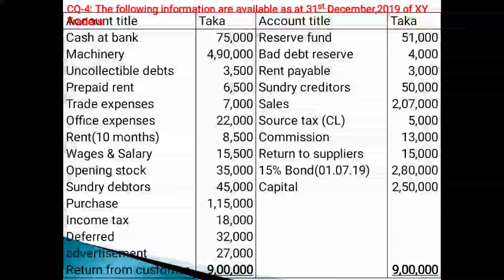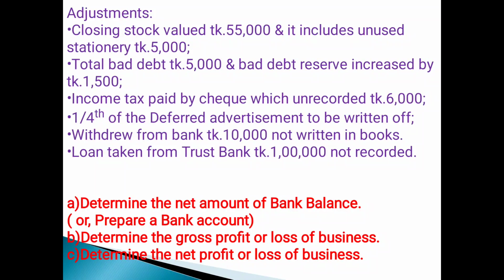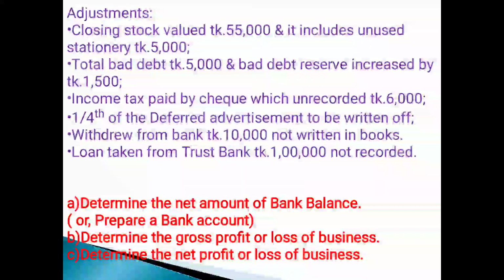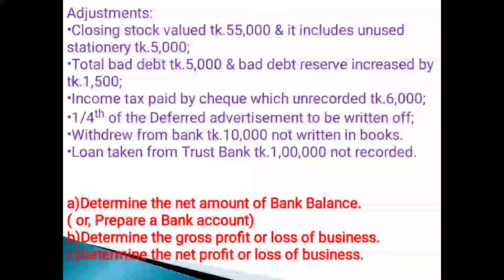So new bad debt reserve is Taka 5,500. Dear learners, each adjustment at least to be shown 2 times for any statement, either income statement or owner's equity or financial position.